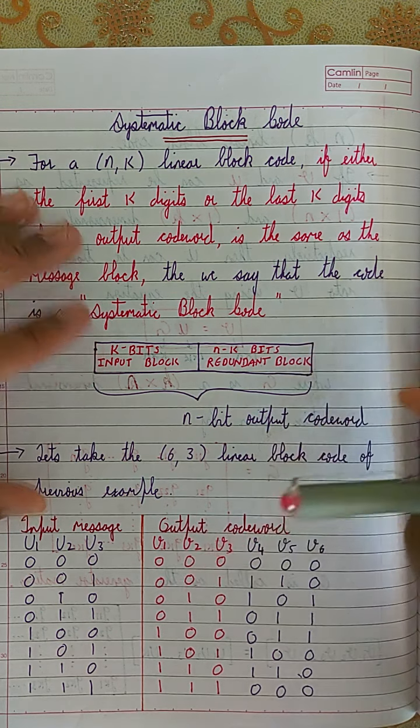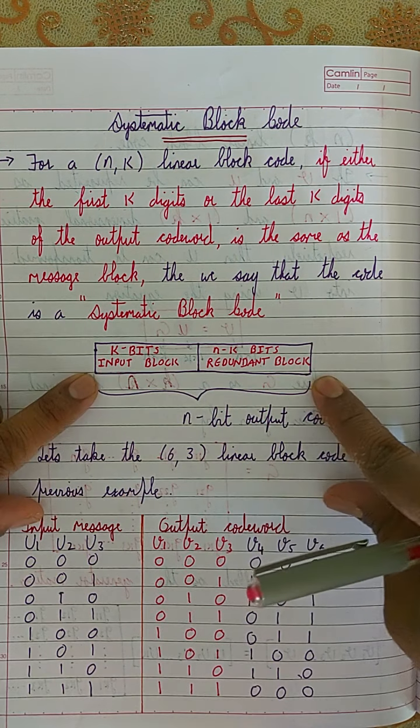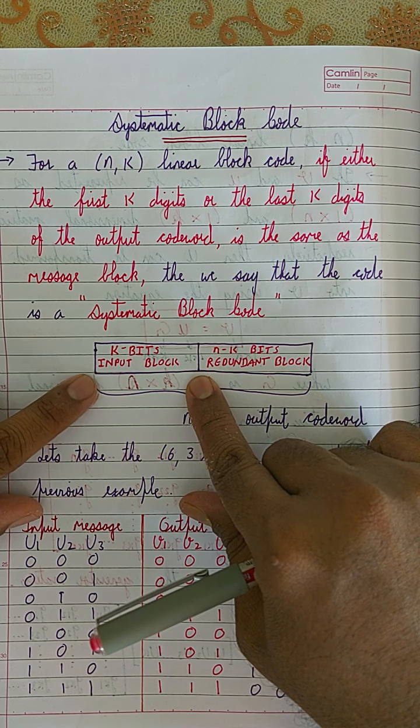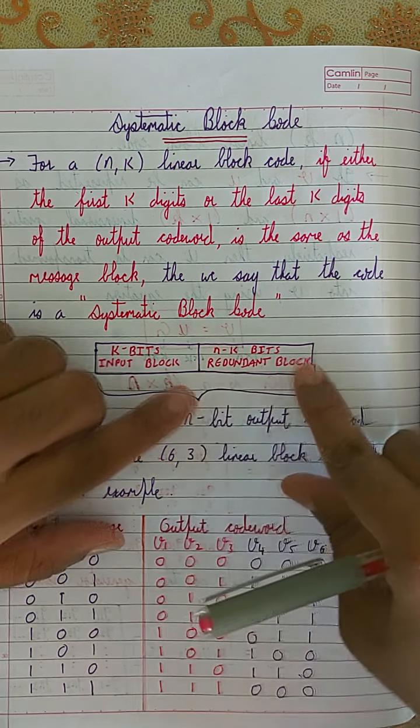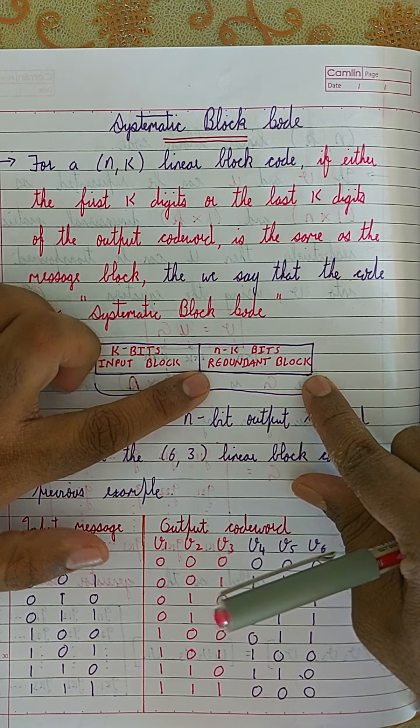It is a type of (n,k) linear block code. In this example, the first part of the n-bit code word is exactly the same as the input message of k bits, and the remaining n minus k bits are the redundant portion or the redundant block.